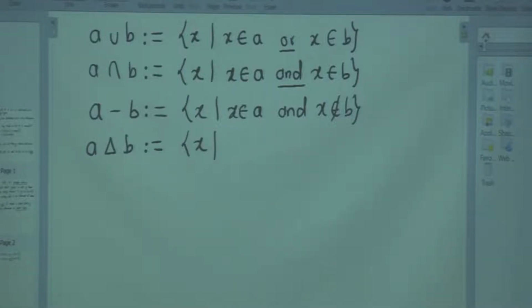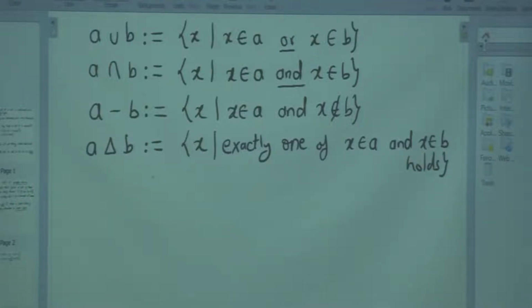It is A minus B union B minus A. So that means exactly one of x belongs to A and x belongs to B holds. In other words, it is simply A minus B union B minus A. Any other operations that you know? I'm waiting for one particular thing.